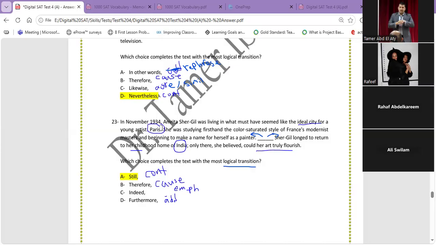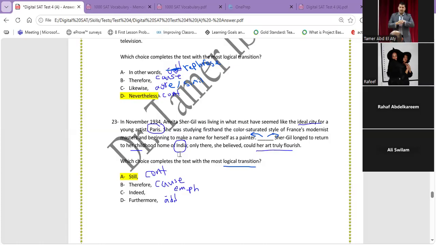In November 1934, Amrita Shergill was living in what must have seemed like the ideal city for a young artist, Paris. So she was living in Paris, the ideal city for artists. She was studying firsthand the color saturated styles of France's modernist masters and beginning to make a name for herself as a painter. The sentence after: Shergill longed to return to her childhood home of India.